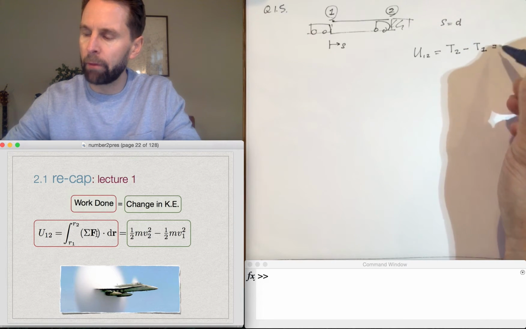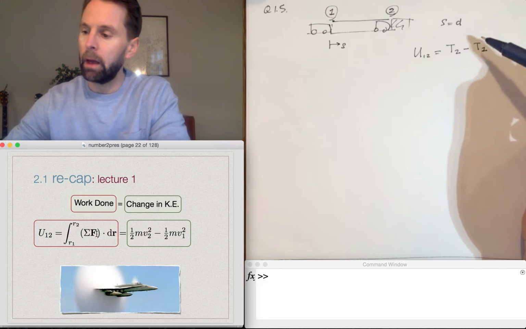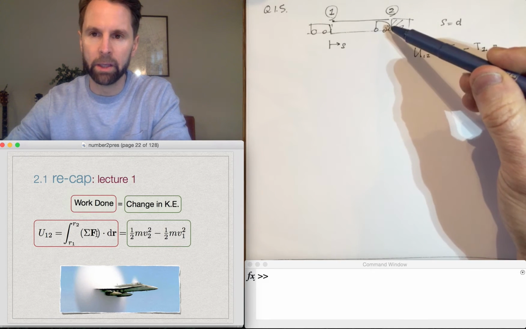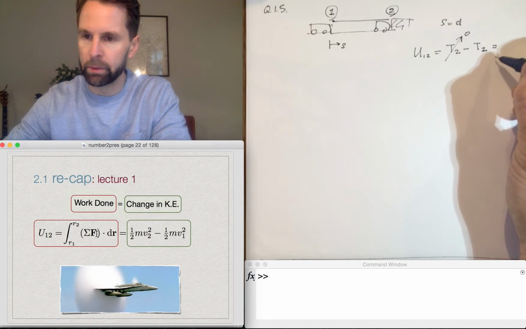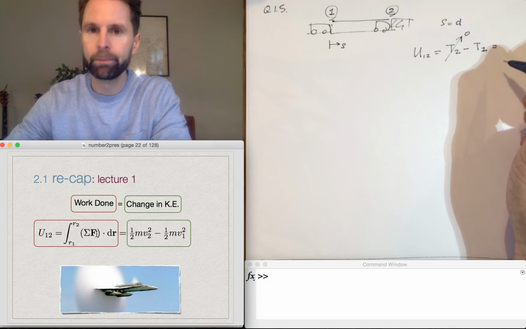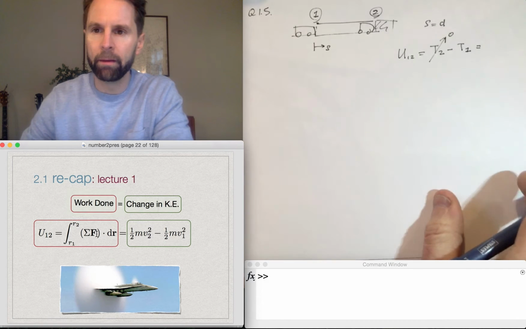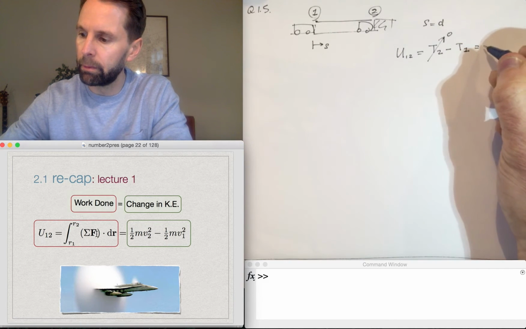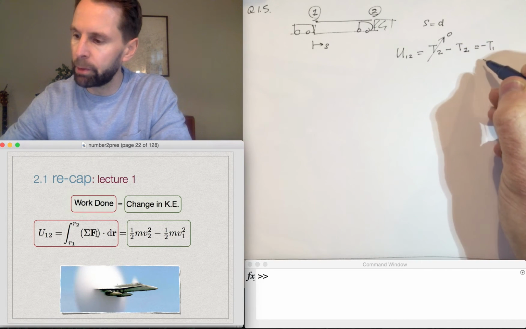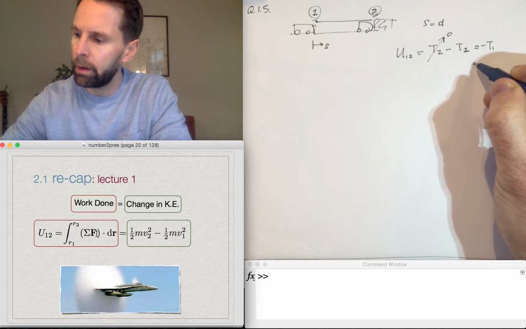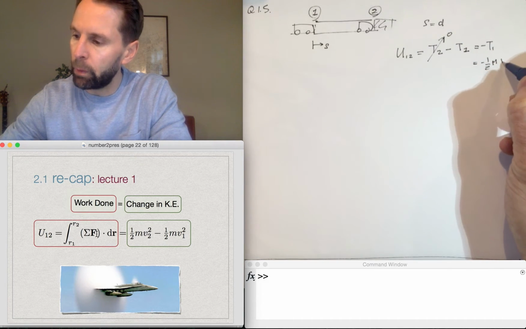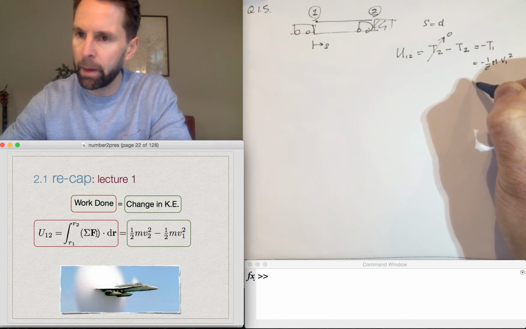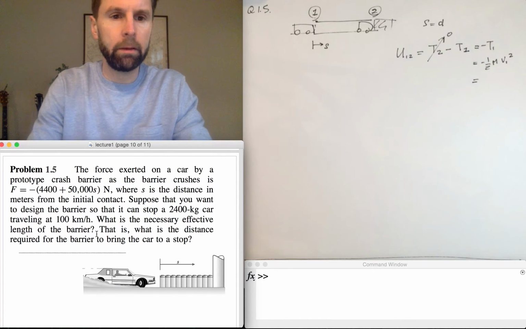And you don't have to think about this for too long to realise that the kinetic energy at position 2, once it's stopped, is going to be equal to 0. So this is just equal to minus T1. And we can write down an expression for T1, it's equal to half m V1 squared. And I think we get both of those things in the question.